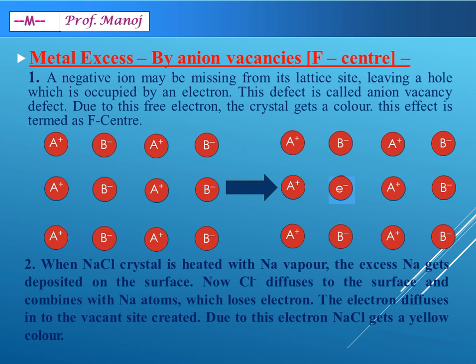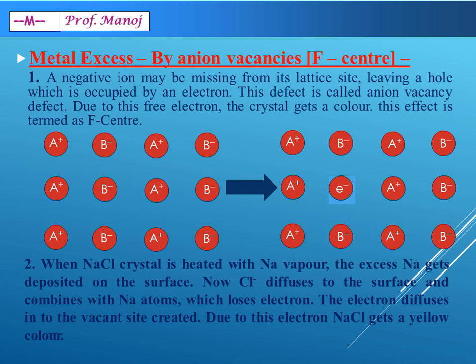Practically, where do we find this? When a sodium chloride crystal is heated with sodium vapor, excess sodium gets deposited on the surface. Chloride Cl minus anion gets attracted towards sodium, diffuses through the surface and travels towards sodium.